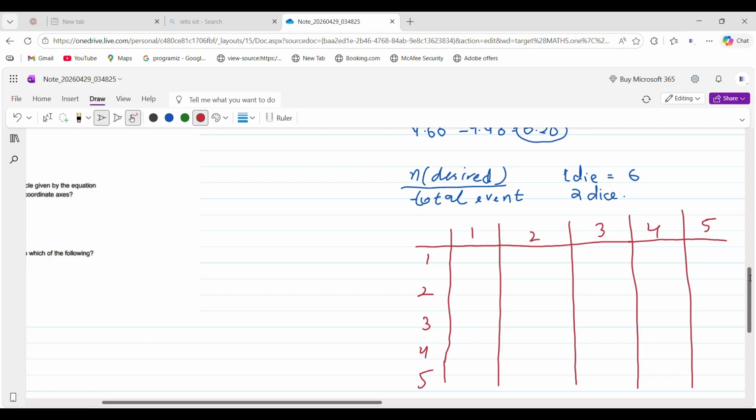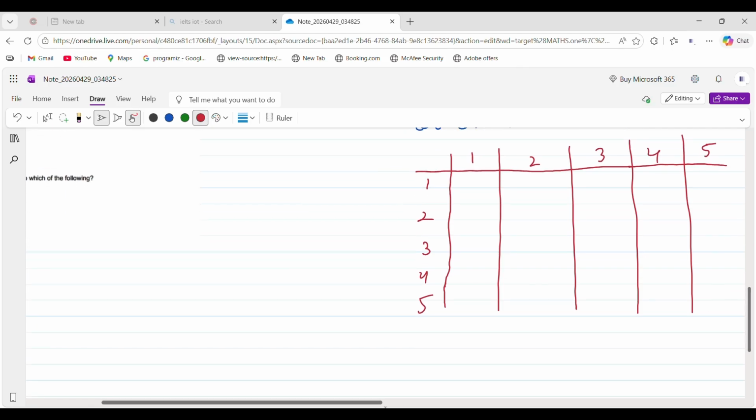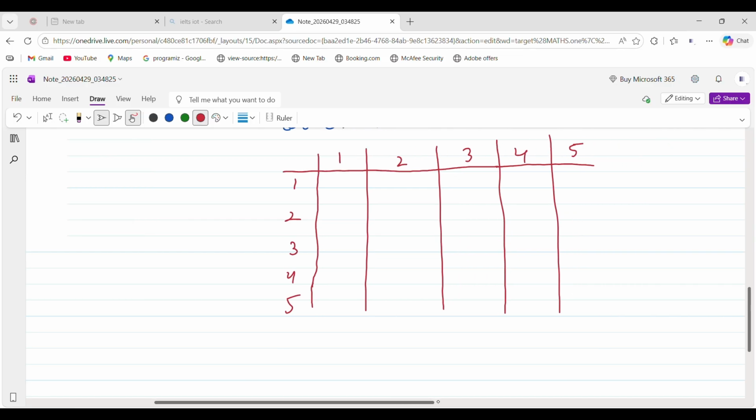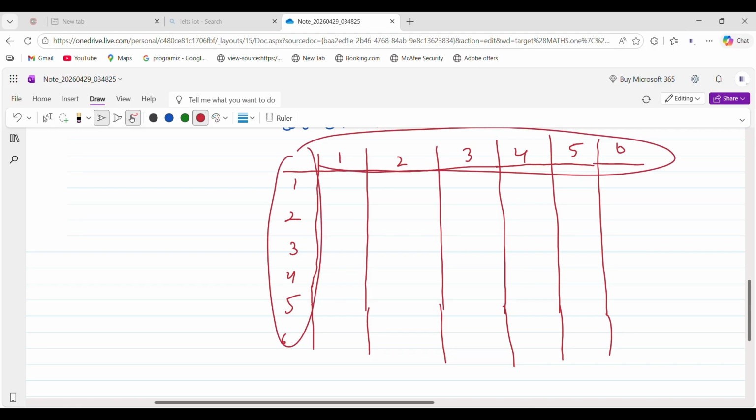Wait for a moment. 6, and here we got 6. Because you have 2 dice, so 6 outcomes, right?